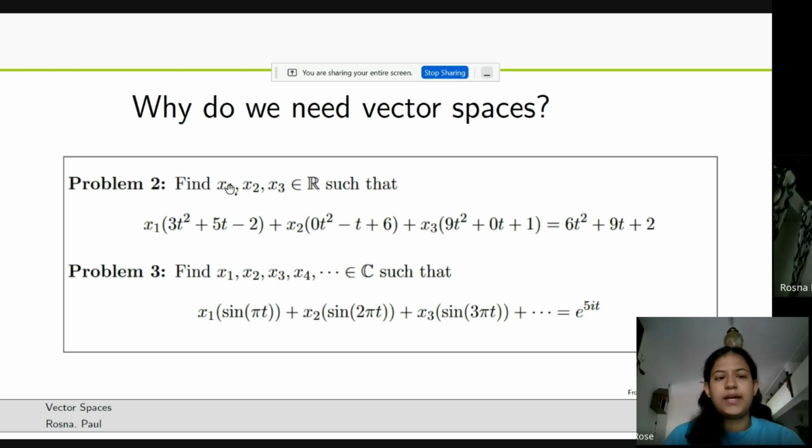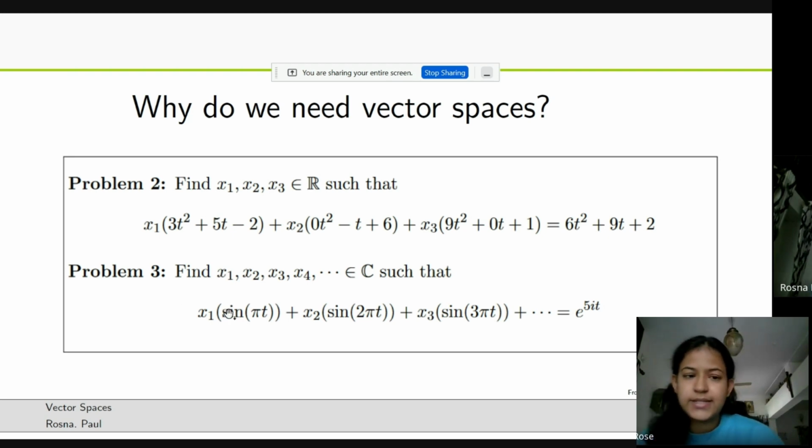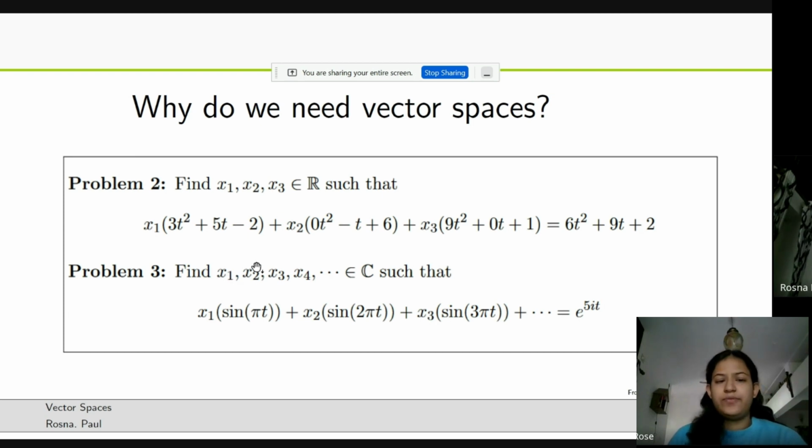And here again the task is to find these coefficients x1, x2, and x3. And in a similar way, you also might have seen in physics or in some other subjects that find the value of this x1, x2, x4. Here the space where the variable lies has changed. Now it's in the complex space. Here it is a real space.